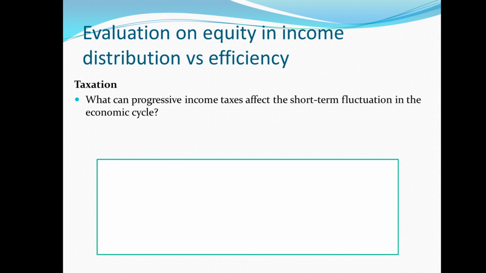Same goes for when we are at a low point. If we have progressive tax in our system, people will pay a much smaller proportion of their incomes as taxes. That is very good, because when you are at a low point, you want to stimulate the income, and the progressive tax system is exactly doing the job.